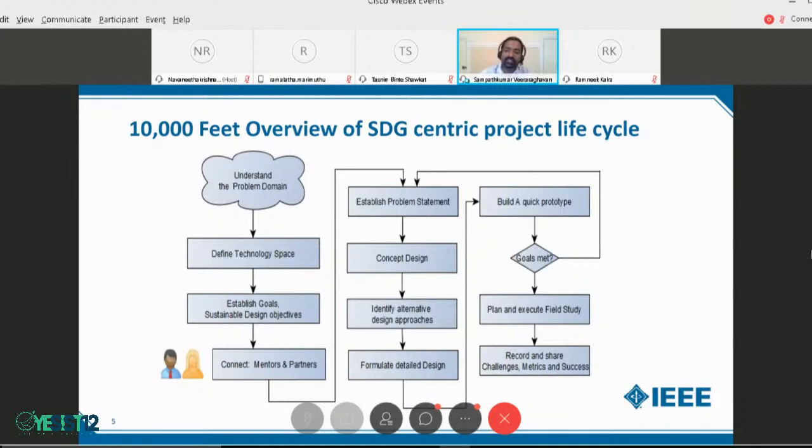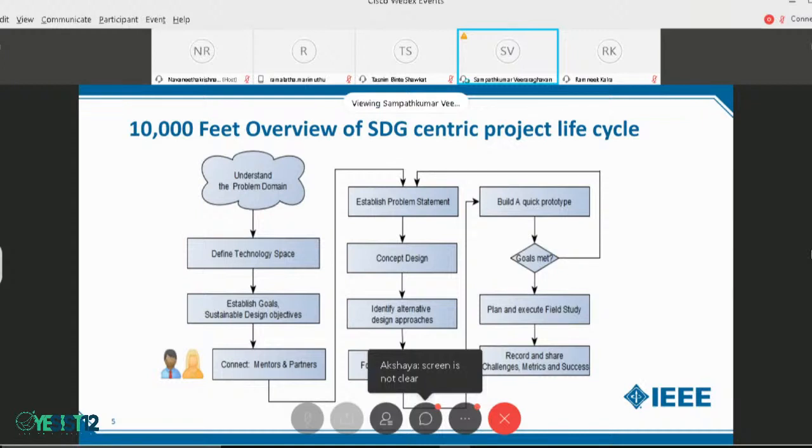Okay. Now we will do a little bit more deep dive when we talk about IEEE projects, for example, and so on. So holistically, as you can see here, the end-to-end life cycle comprises identifying your targeted community, understanding their needs, defining clear-cut goals and metrics. Essentially, how do you measure the success of your goal, and then finally coming out with a proper technology-centric framework and a solution.